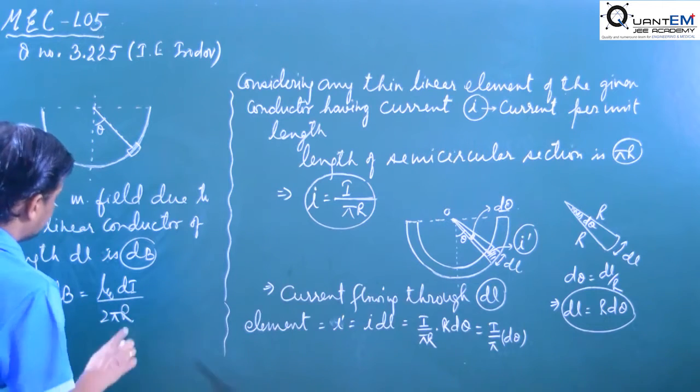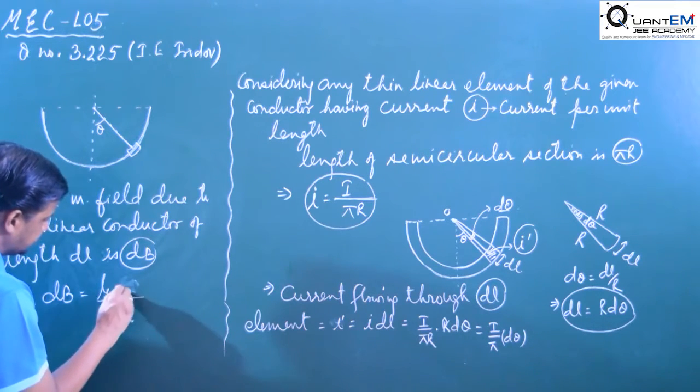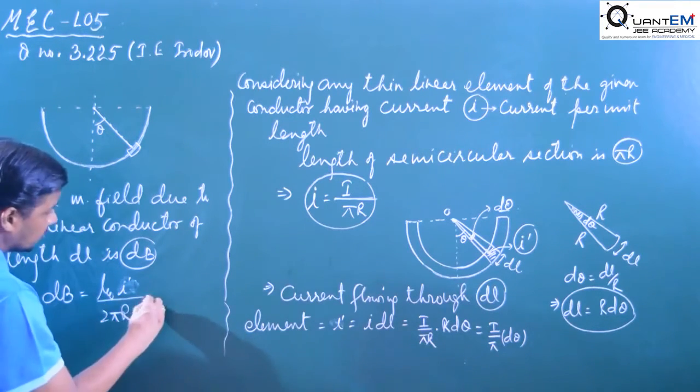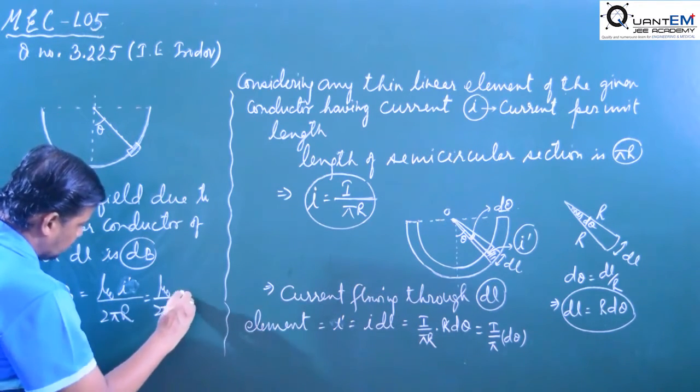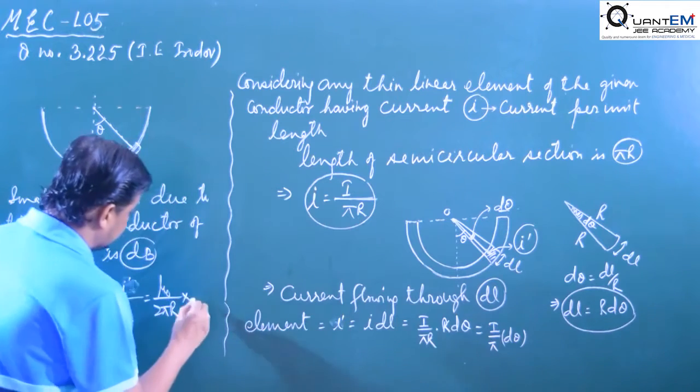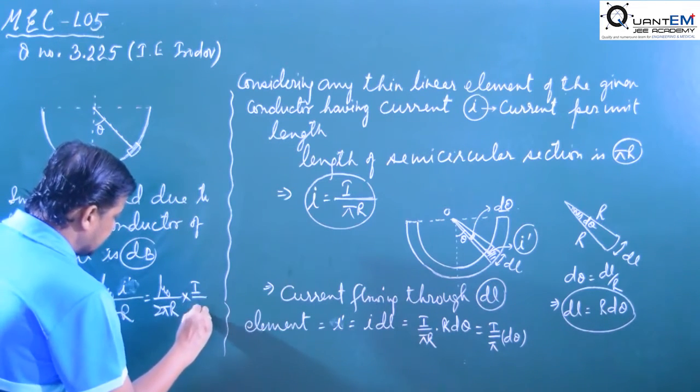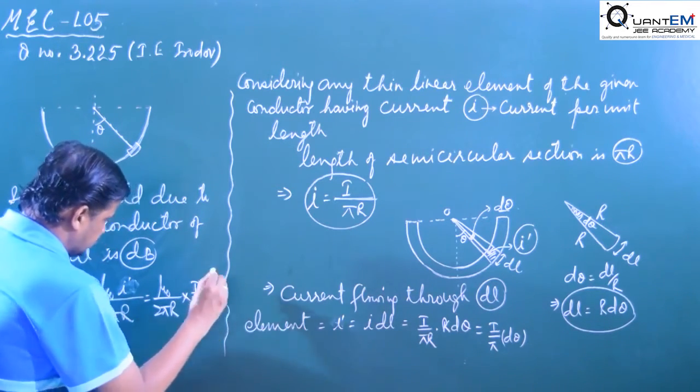Now we put the value of dI. So current we have I dash here. What we get? Mu naught by 2 pi r into I dash, we have I by pi into d theta.